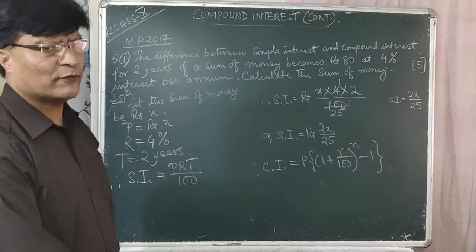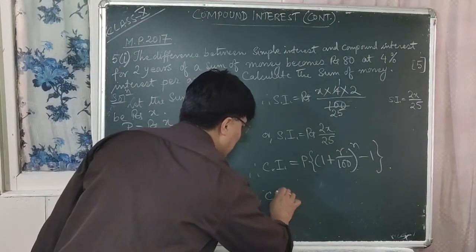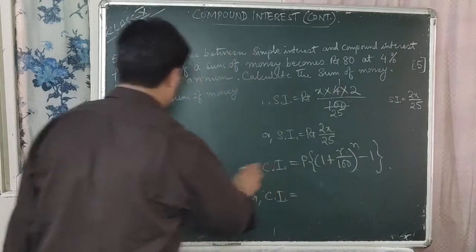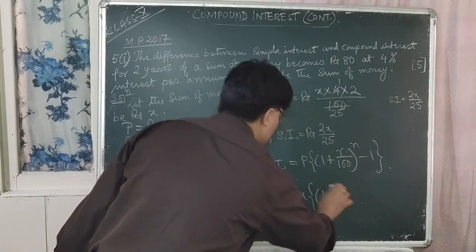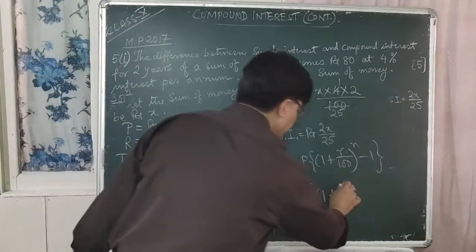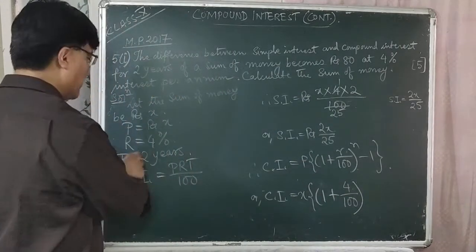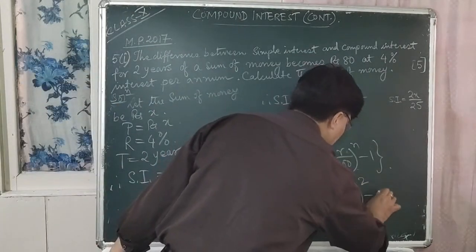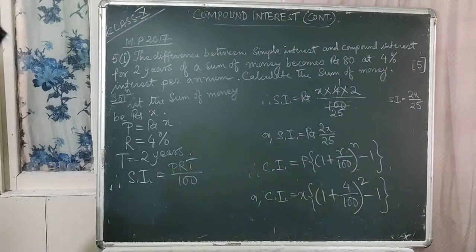So this is the formula for compound interest. So CI is equal to, what is the principal here? It is x within second bracket 1 plus, what is R? 4 divided by 100 whole to the power, what is the value for n? It is 2, that is number of years, so it is minus 1, right?